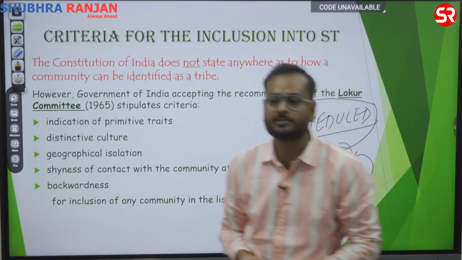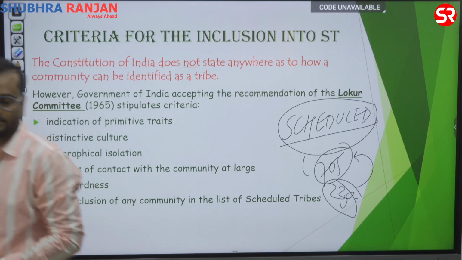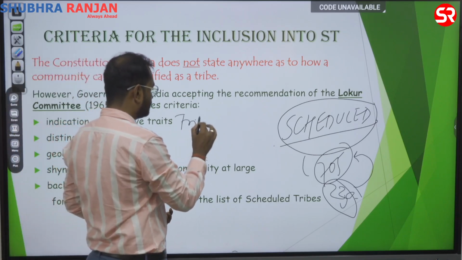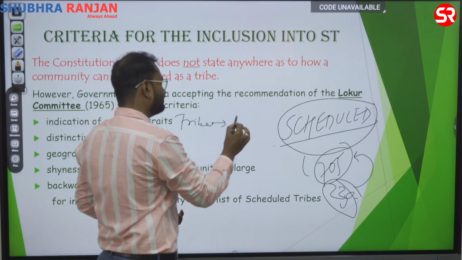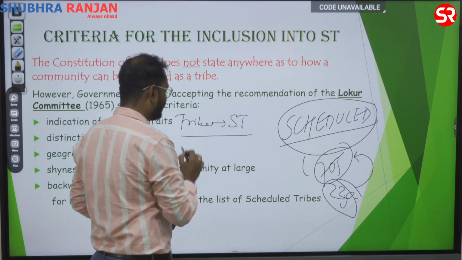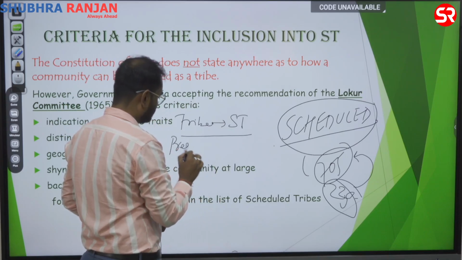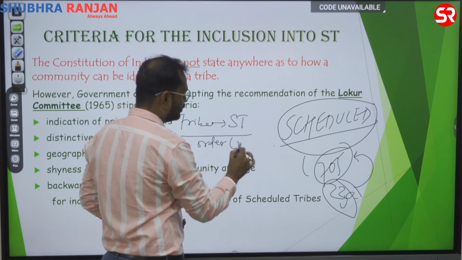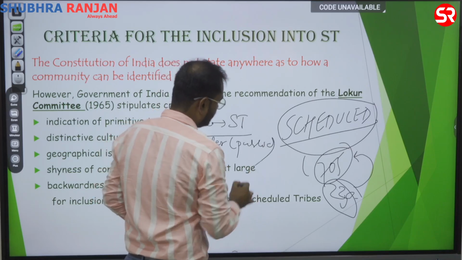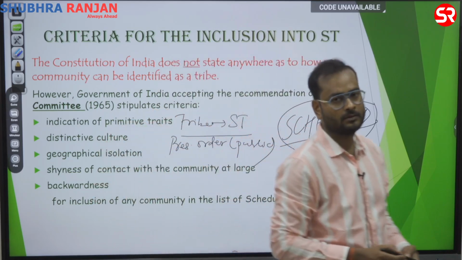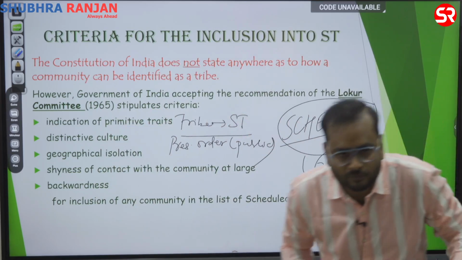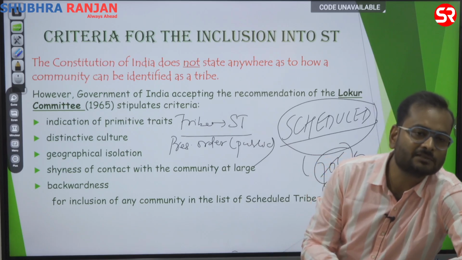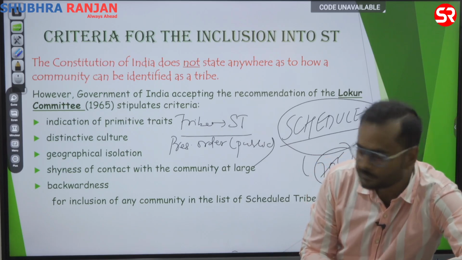No, that's not the case. See, what happens is, a tribe can become a scheduled tribe by presidential order. It will be a public order, okay? With the recommendation of the National Commission for SC and ST as well as the governor of the state, okay?